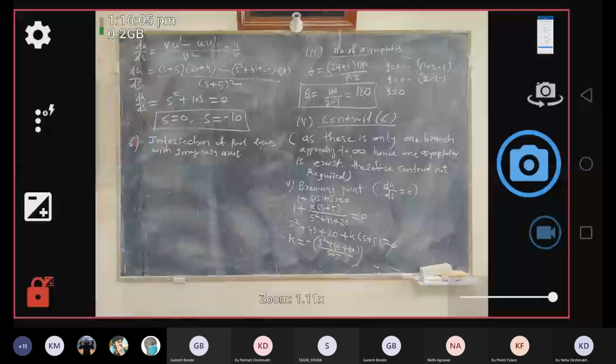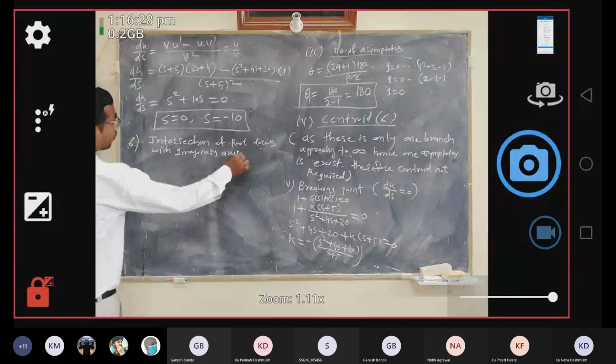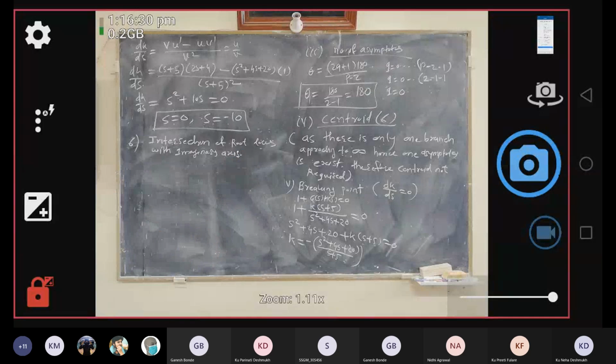Please do it and tell me the value of s at which your root locus branches are intersecting with the imaginary axis. Please do this. Whether your root locus branches are intersecting with the imaginary axis or not, how to verify it.